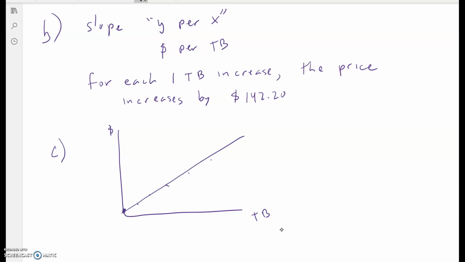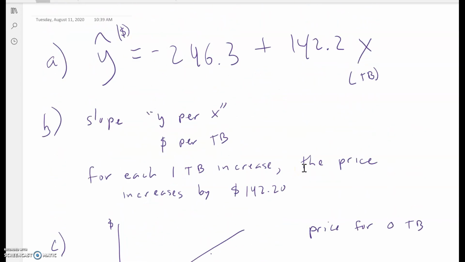So wherever the terabytes equals 0, wherever that explanatory variable, the x, equals 0, that is your intercept right there. And so in this case, it's the price for 0 terabytes is what the intercept is.